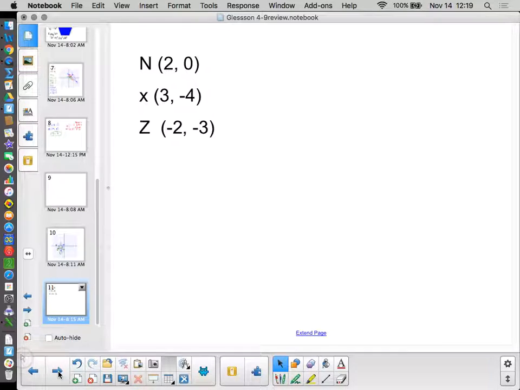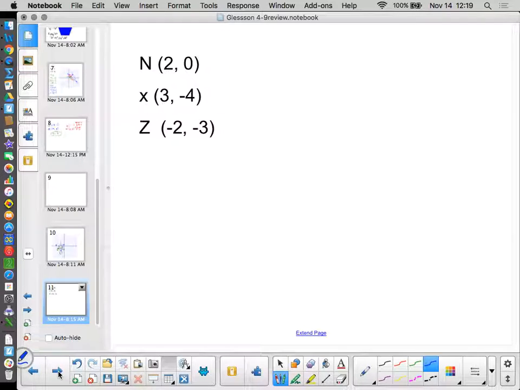Number 18, we would have to graph it, but I want to do it without graphing. My points are as given there. N is at 2, 0, X is at 3, -4, Z is at -2, -3. Okay? First translation is 3 left, 1 up.